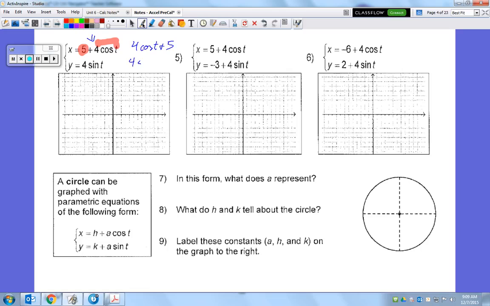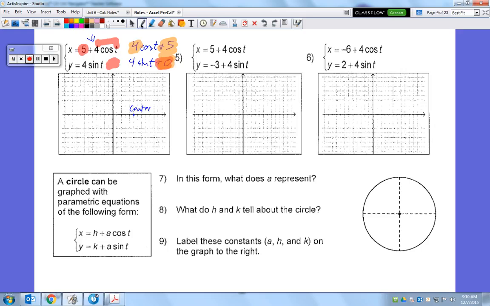And over here it's 4 sine of t plus 0. It isn't necessary that I write this, but I'm only writing it to show you that the center of this circle would be 5, 0. So we come over here, 1, 2, 3, 4, 5. There's the center. And then from there I'm going to go out x-wise 4.